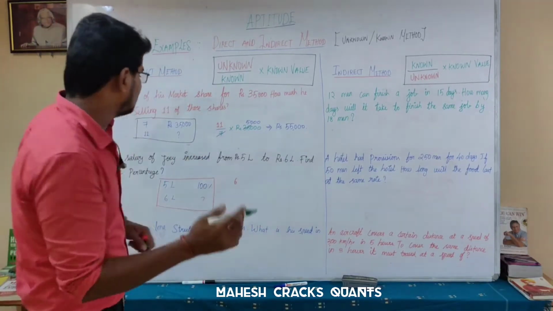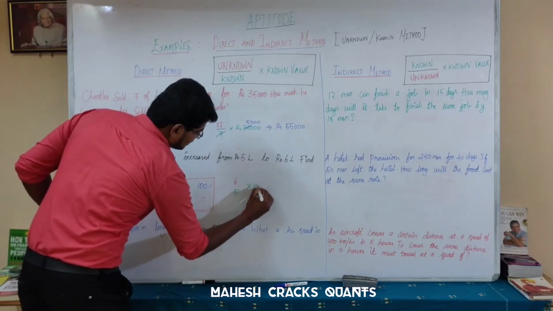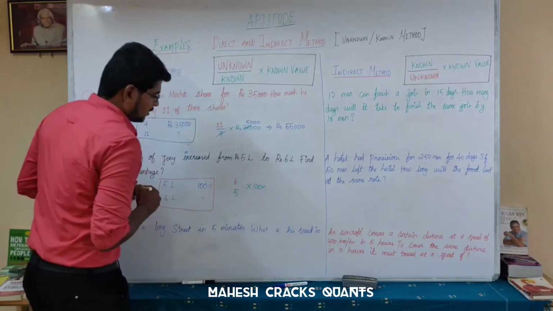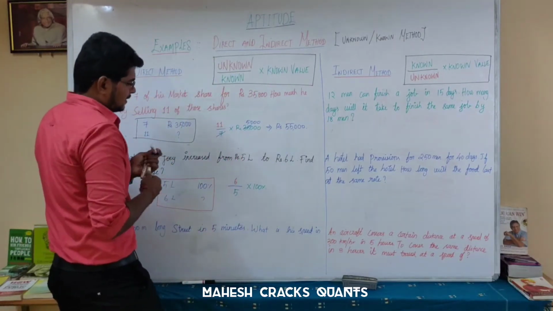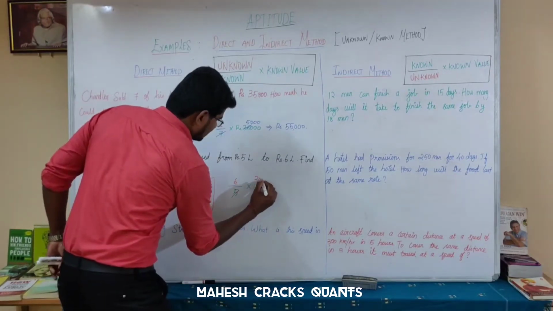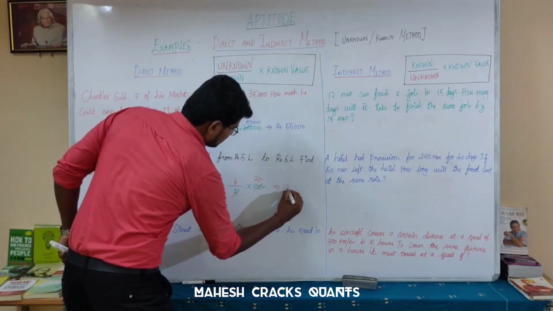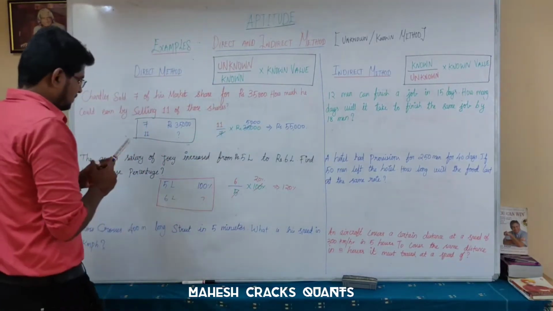Known value is clearly 5. 5 lakh is equal to 100 percentage. So solving this, you will get the percentage answer. Cancelling 5 with 100, what will you get? 20 percentage. 6 into 20 is 120 percentage. So 6 lakh is equal to 120 percentage.